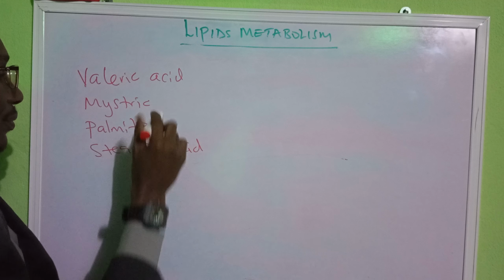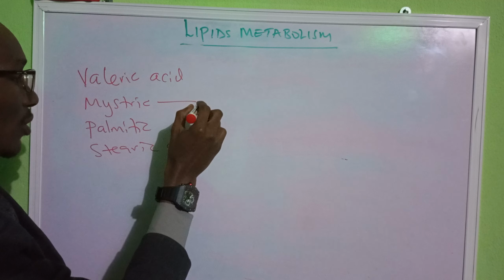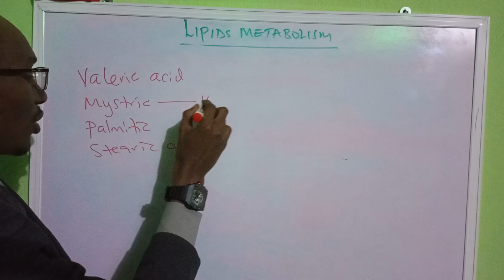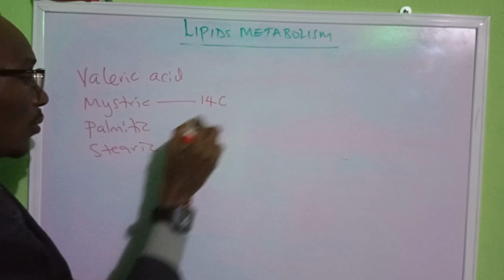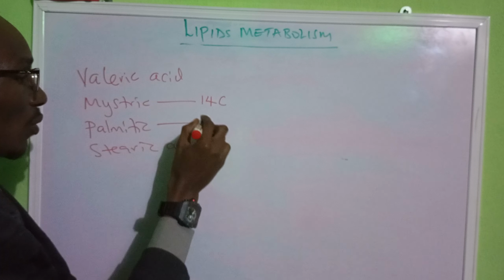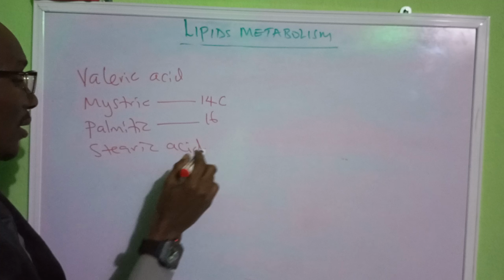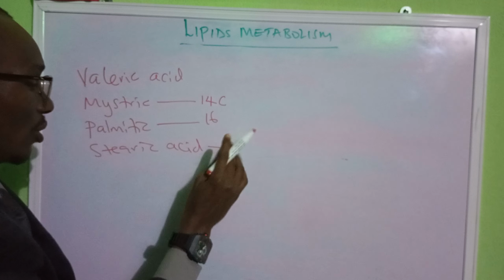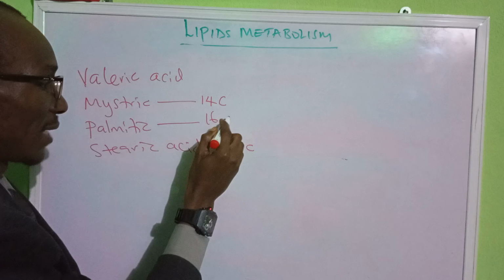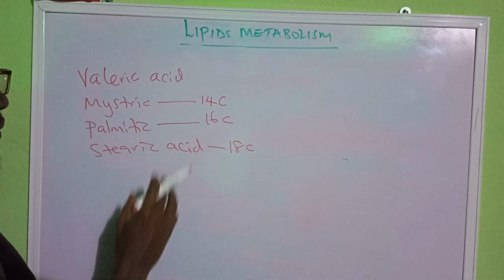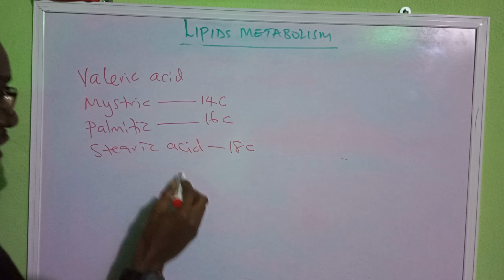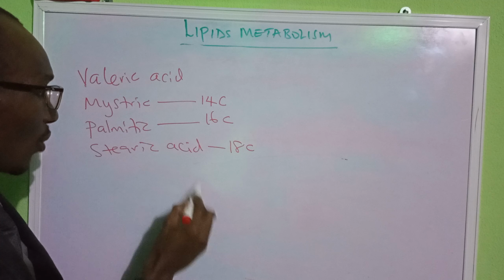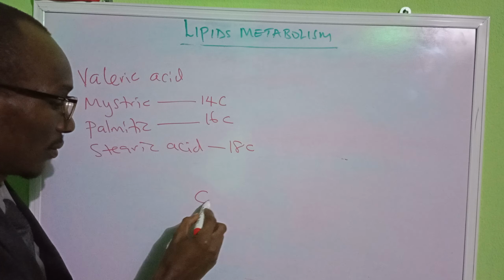For example, myristic acid consists of 14 carbon atoms, while this one consists of 16 carbon atoms, while the stearic acid consists of 18 carbon atoms. From the structure, if we look at them, this is the chemical structure of myristic acid.